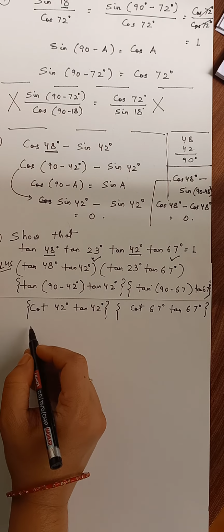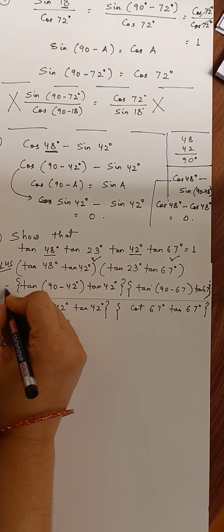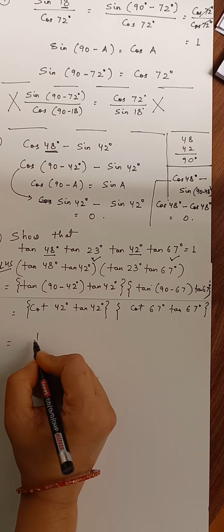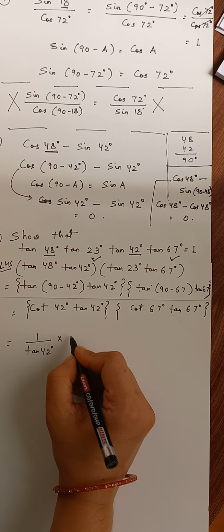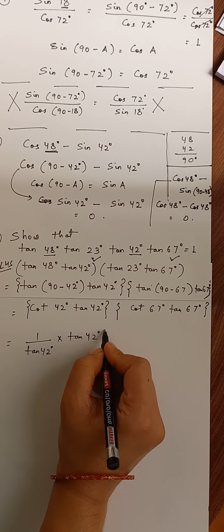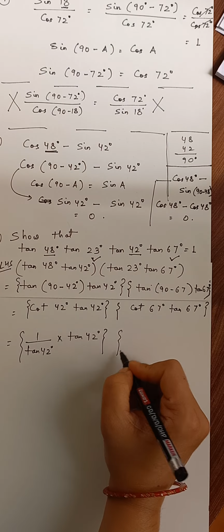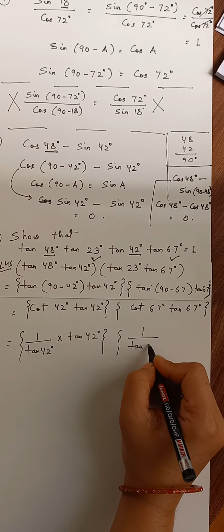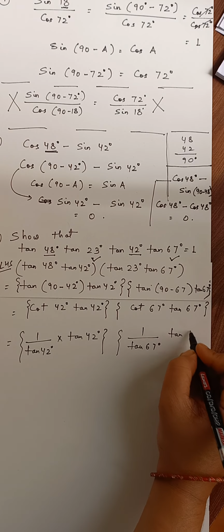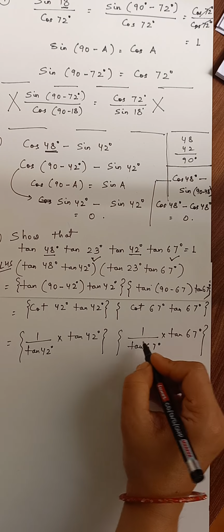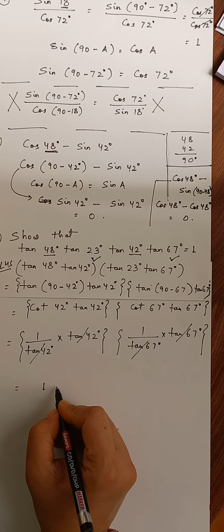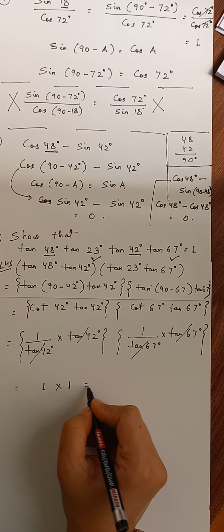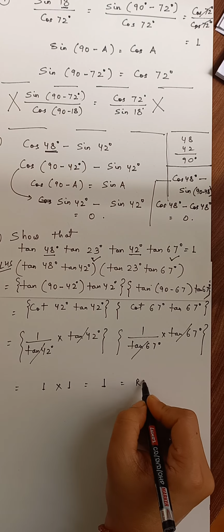Now you can see that in place of cot we can write 1 upon tan, because the reciprocal of tan is cot, and tan remains the same. Here also in place of cot we are writing just tan, and this tan remains the same. So it gets cancelled out, because one is the numerator, the other is the denominator, so 1 remains. From here also 1 remains, and the answer is 1, which is the RHS.